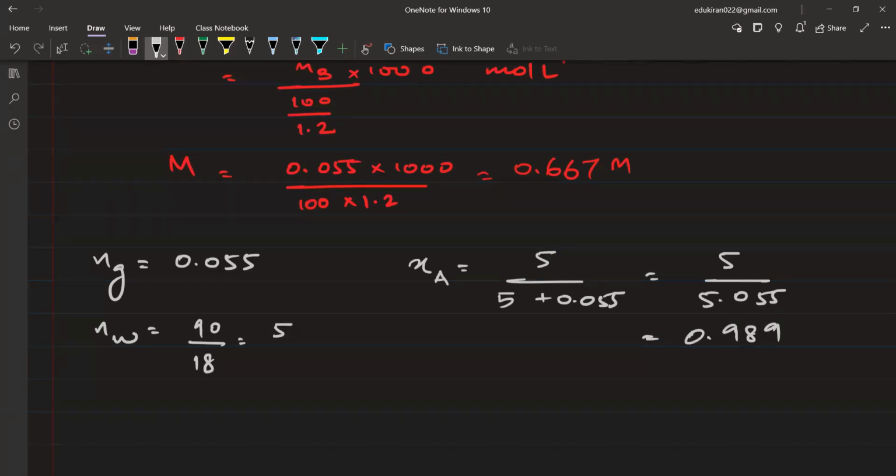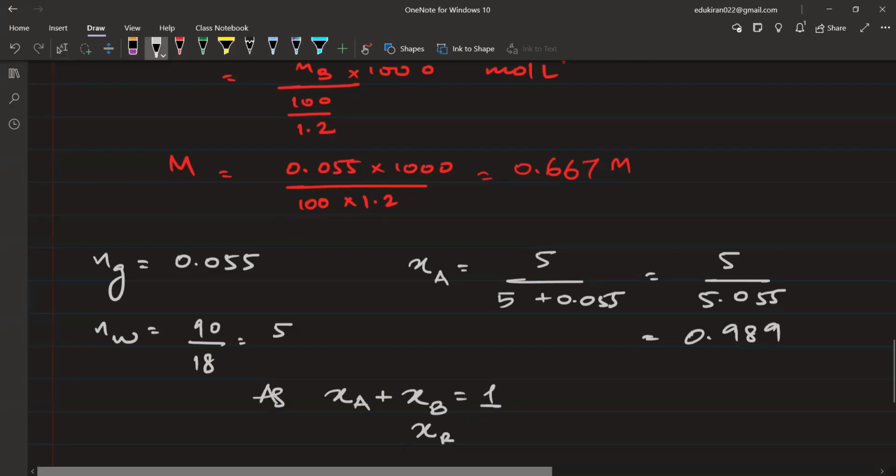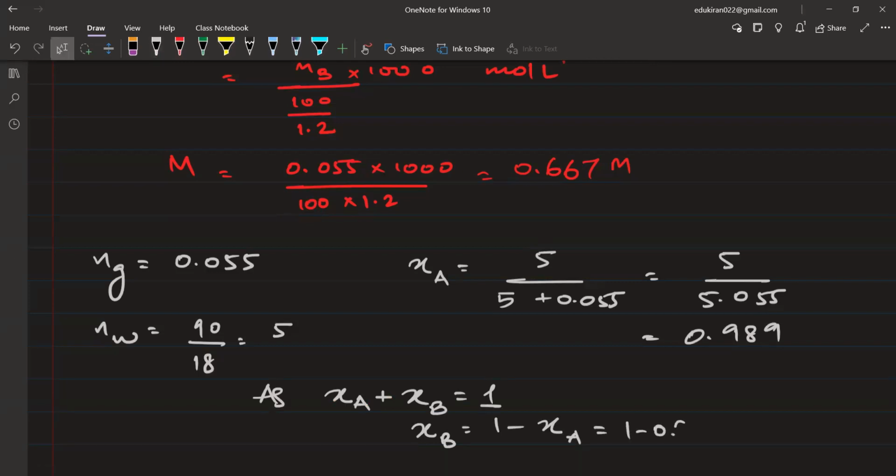Okay. Now, since chi A plus chi B is equal to 1, I can say that chi B will be equal to 1 minus chi A. And this will be equal to 1 minus 0.989, which will be equal to how much to me? 0.011.